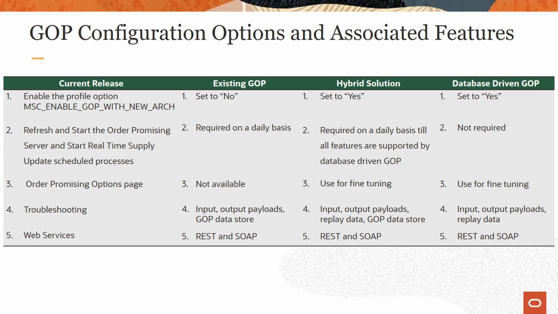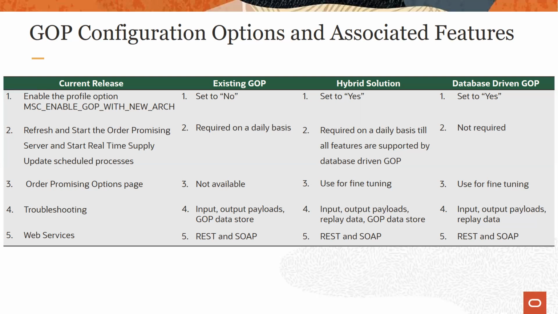Now, if the business flow can be exclusively promised using the database-driven architecture, then the profile option MSC enable GOP with new architecture can be set to yes. Refresh and start the order promising server as well as real-time supply update schedule processes can be set to no, and these need not be run on a regular basis, on a daily basis.